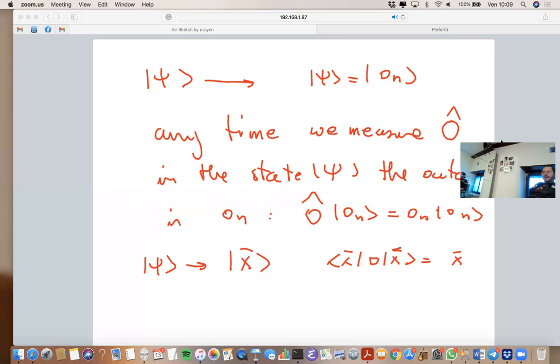So to conclude this lecture, to every observable quantity, we must associate a Hermitian operator. And we have devised a rule to go from this Hermitian operator to predicting the outcome of the experiment.